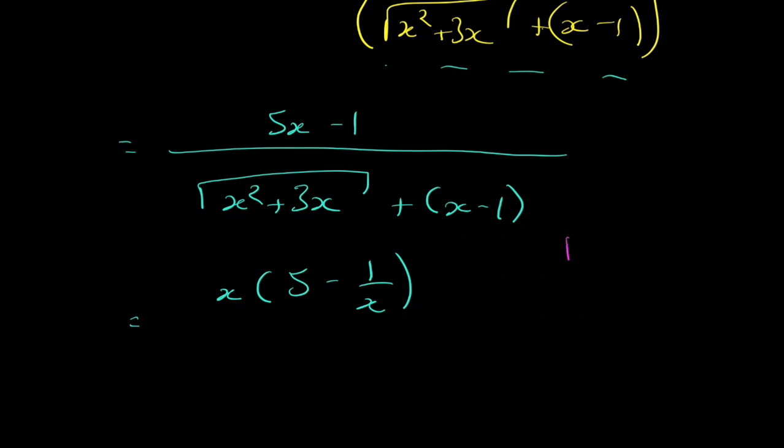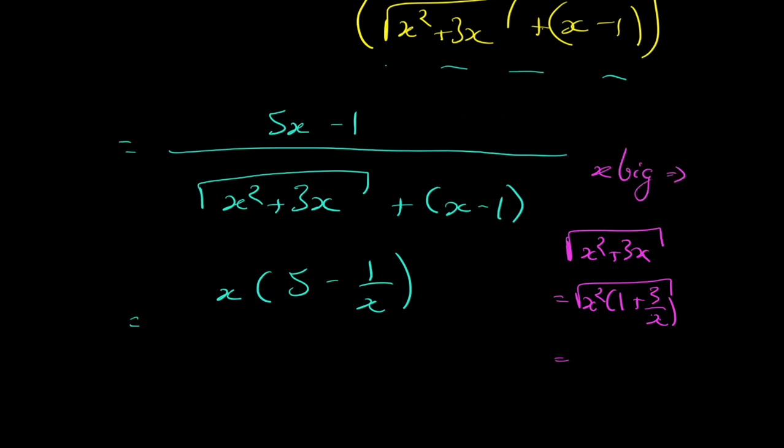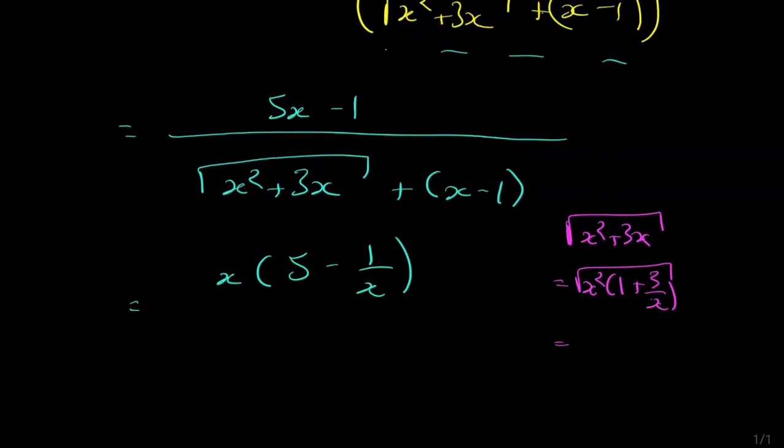Because the square root of x squared plus 3x is equal to the square root of x squared times 1 plus 3 over x. And as x is big, this implies x greater than 0, obviously. This thing is equal to x times the square root of 1 plus 3 over x, without the absolute value because x is positive.